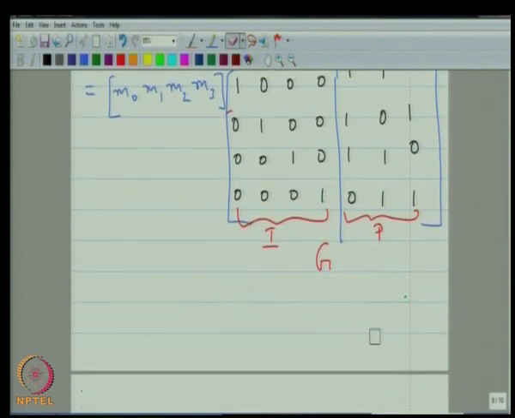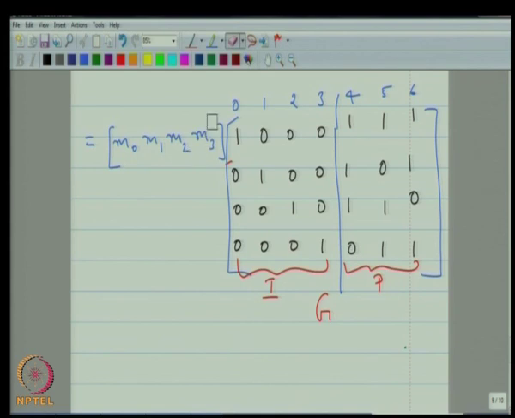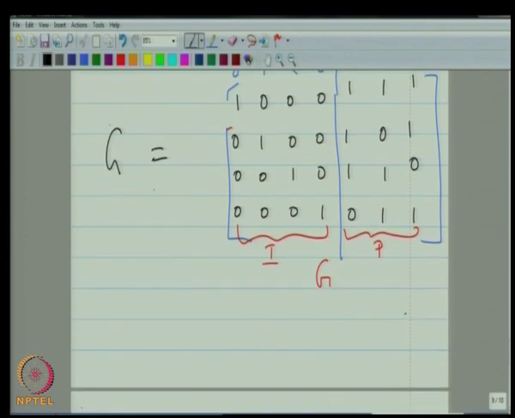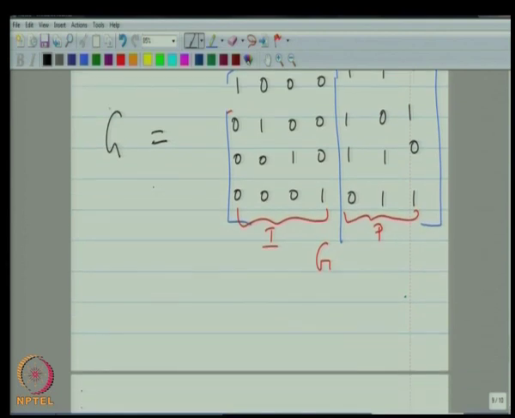All right, so we have the generator matrix here, and based on this I can actually put down a parity check matrix for this code.